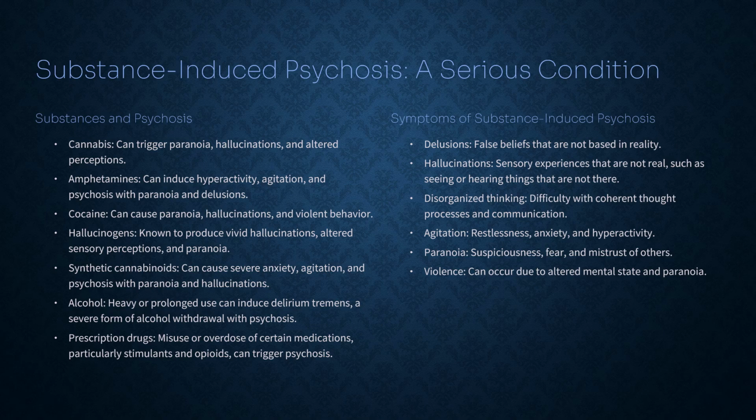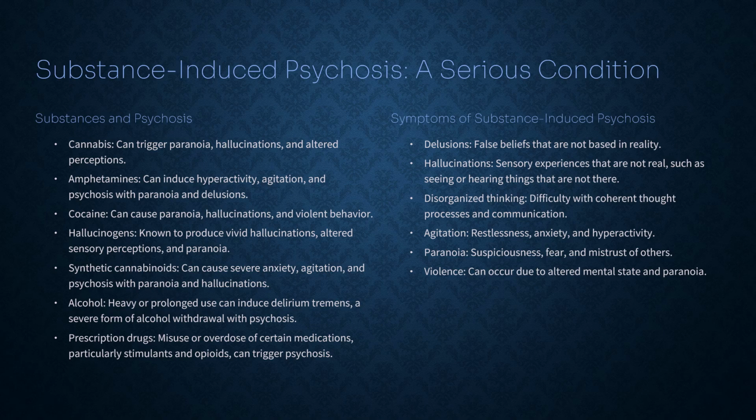So what are the symptoms? Delusions. Delusions, by definition, are false beliefs that are not based in reality. So, delusions of persecution, delusions of reference: that people are trying to kill me, or people are trying to plot behind my back, talking behind my back. This is what delusions are. What are hallucinations?